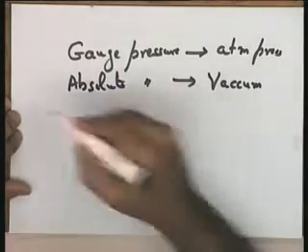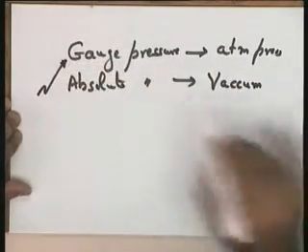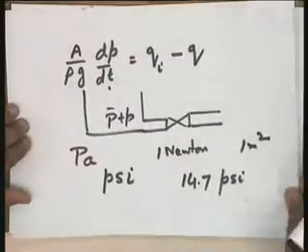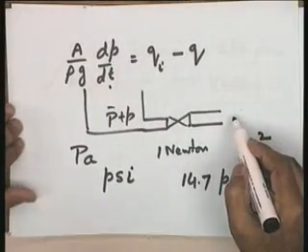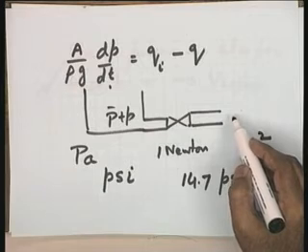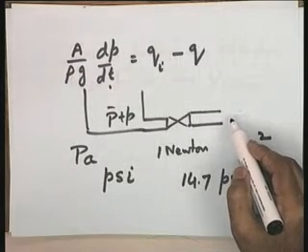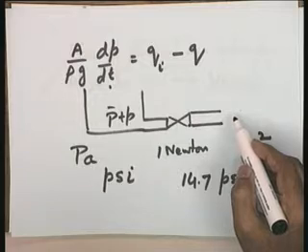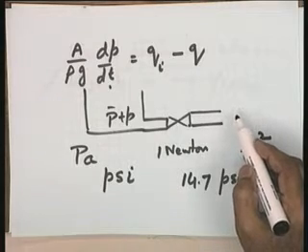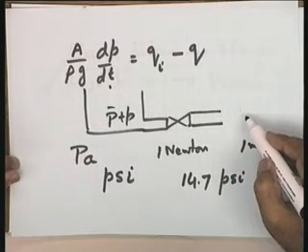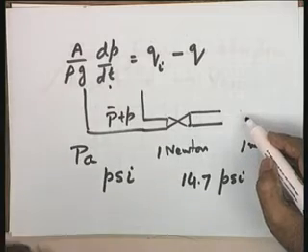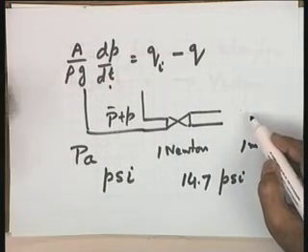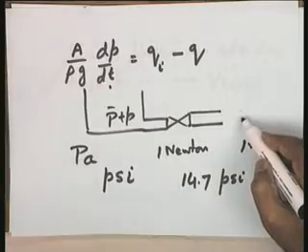So, if I take gauge pressure as the units throughout, in that particular case, please see the pressure here in terms of gauge units could be taken as 0, because to convert it to absolute pressure, the gauge pressure units will have to be added by 14.7. So, this atmospheric pressure, absolute pressure equal to 14.7 psi, is equivalent to saying that the gauge pressure at this particular point is 0.